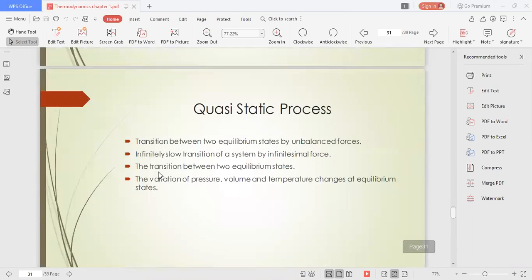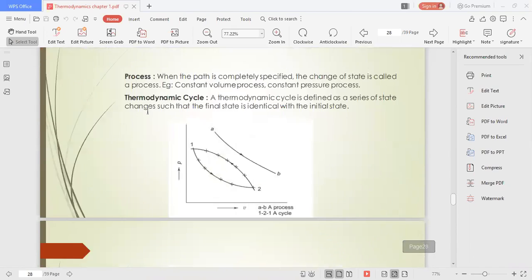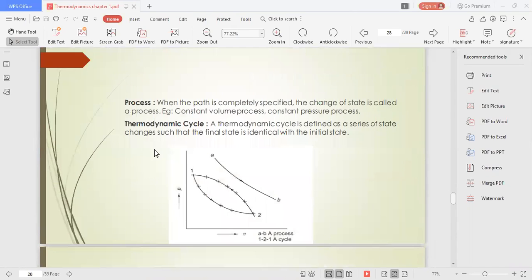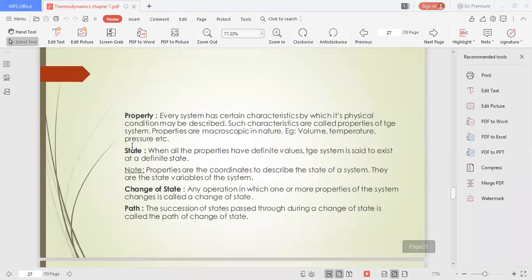I have already given the code to join to your CR, Shiva. And then now I will discuss process and thermodynamic effects. Till now we have seen property, state, change of state, path. Are you following? So do one thing, take a 2-3 minute break, join after 2:40.